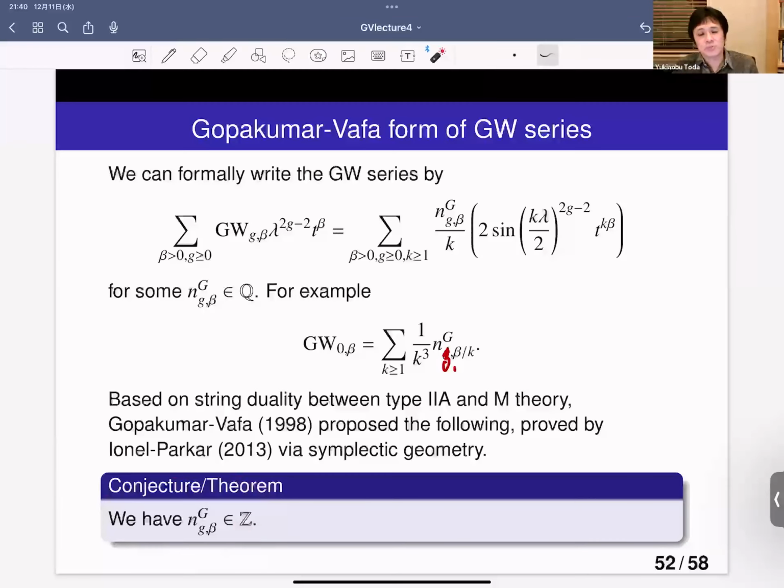So in several contexts, people call this n_{g,beta} the Gopakumar-Vafa invariant. When you say Gopakumar-Vafa invariant, it depends on the choice of the background enumerative geometry. Historically, this one appeared first, and people call it the Gopakumar-Vafa invariant.